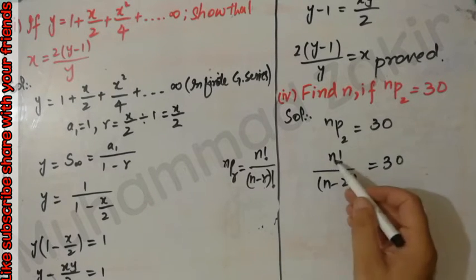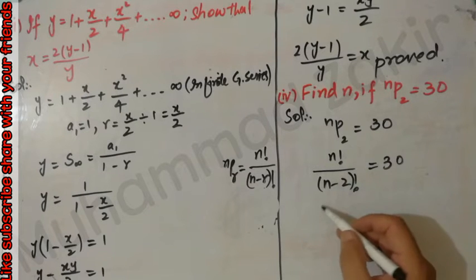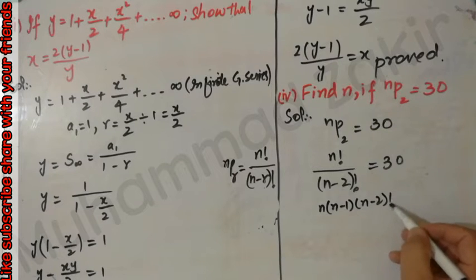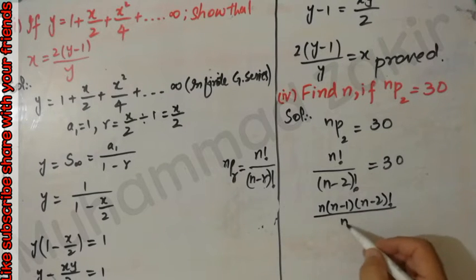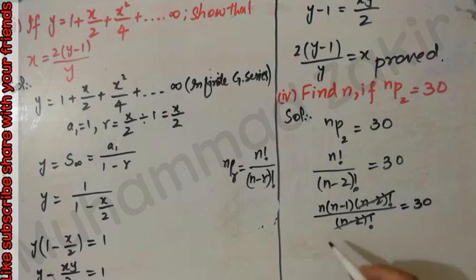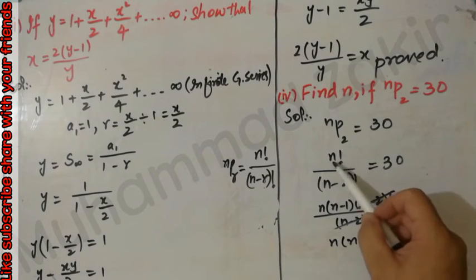We know that this n factorial can be expanded 2 terms ahead: n, n minus 1, n minus 2 factorial, divided by, it is already written, n minus 2 factorial. This is equal to 30. This will get cancelled, and now we can write n into n minus 1. By the definition of factorial, we know n is a positive integer.